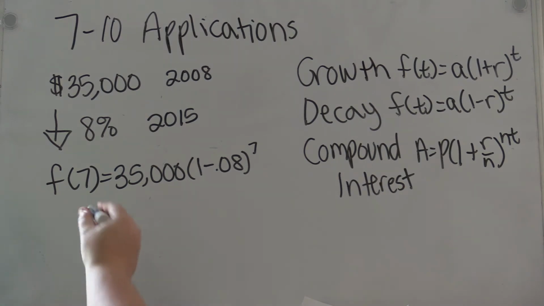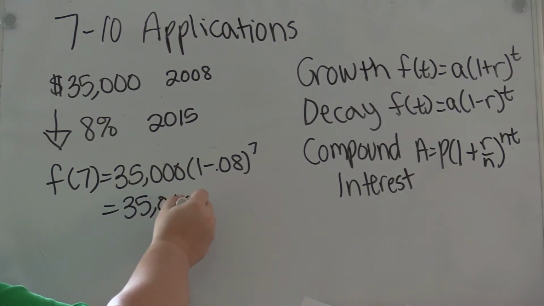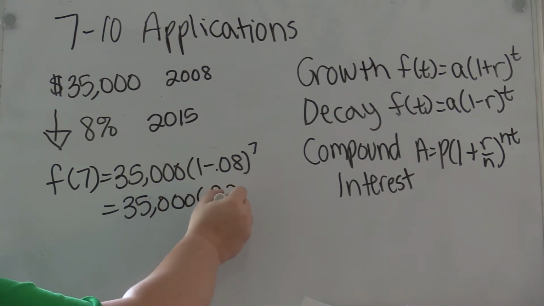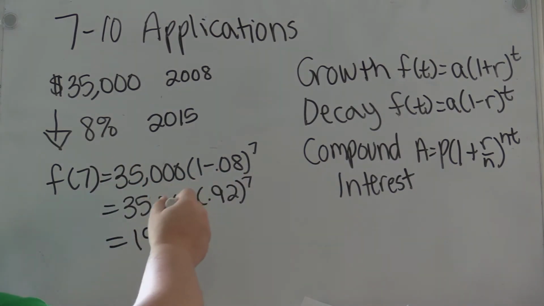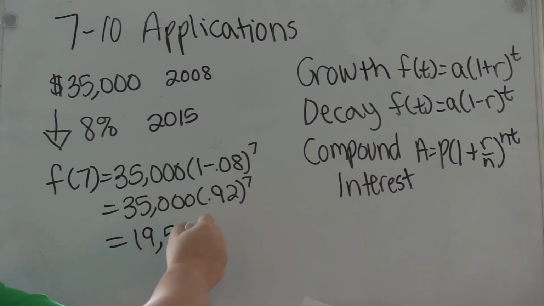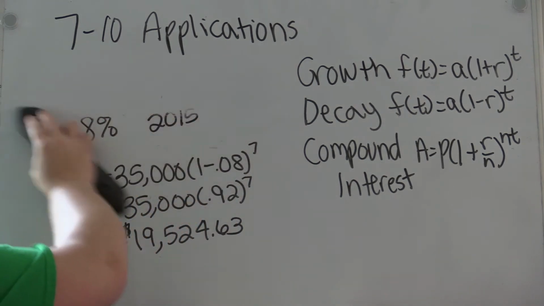So then I get 35,000 times 0.92 to the 7th power, and I get $19,524.63. See how this works? Let's look at a couple more application problems.